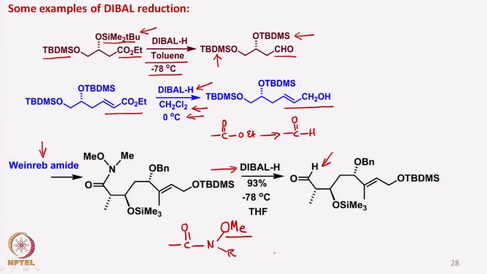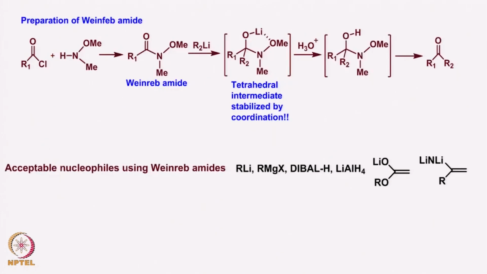In this example I have shown a double bond and various other substituents, but the reaction can easily be stopped at this particular stage. Why and how it is so, we can look at.